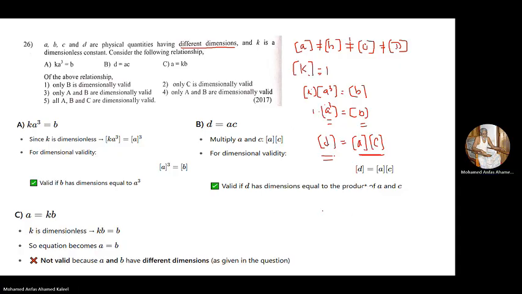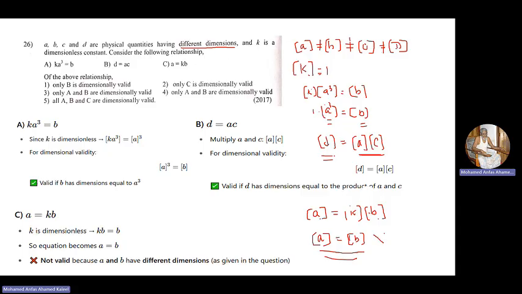What about the third? The dimension of A is equal to the dimension of K into the dimension of B. K's dimension is 1, so the dimension of A should equal the dimension of B. No, this cannot be valid because A, B, C, and D have different dimensions.